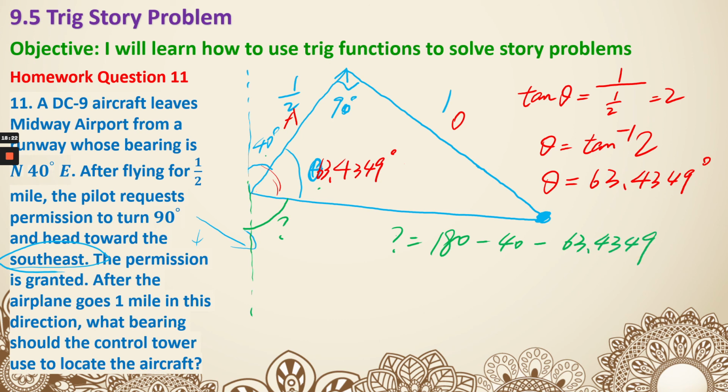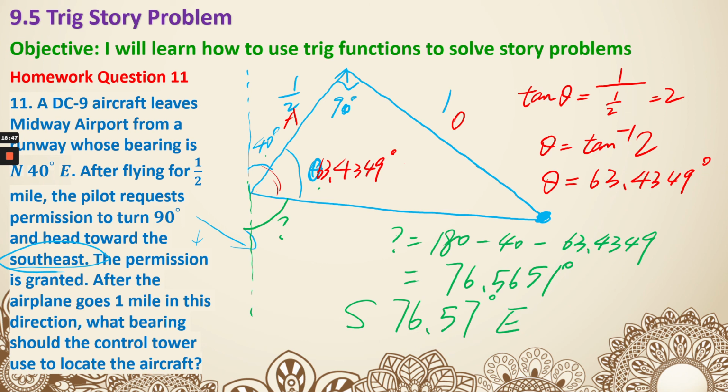So that is going to give me 76.5651 degrees. So in this case, the bearing is going to be south, 76.57 degrees.